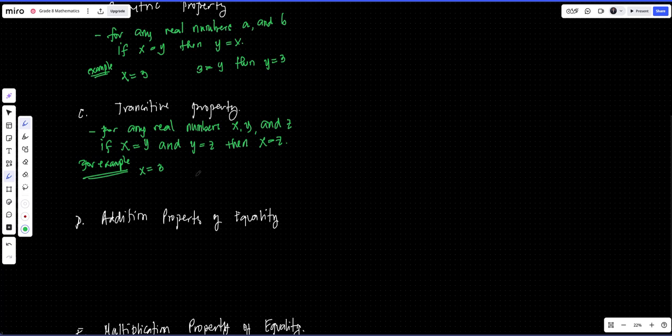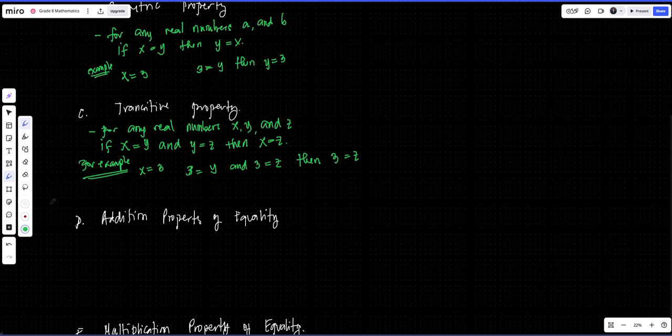So, using the transitive property, we can say 3 is equal to y and y is equal to, ano yung value ni y? So, yung value ng y natin, that is 3 as well. Then 3 is equal to z. So this means 3 is also equal to z.